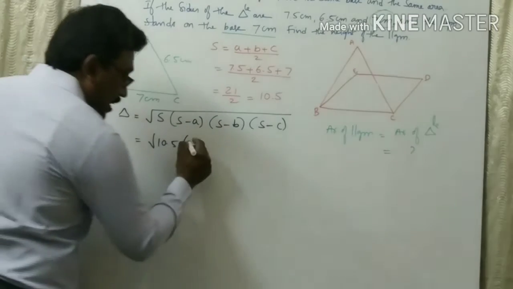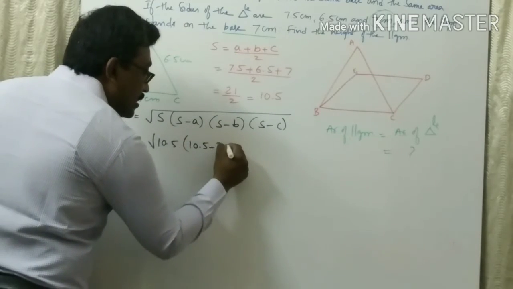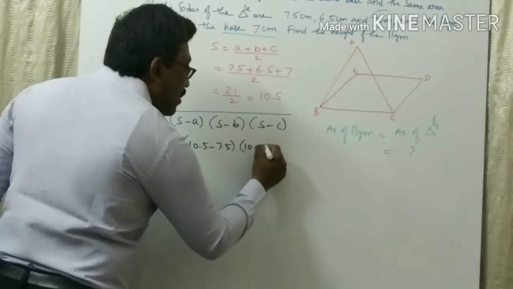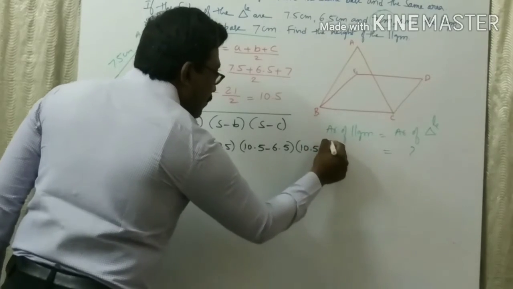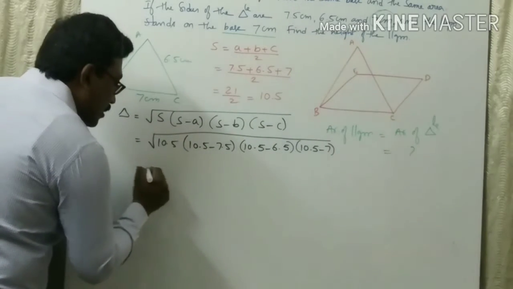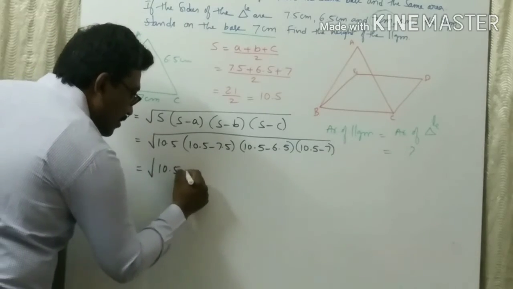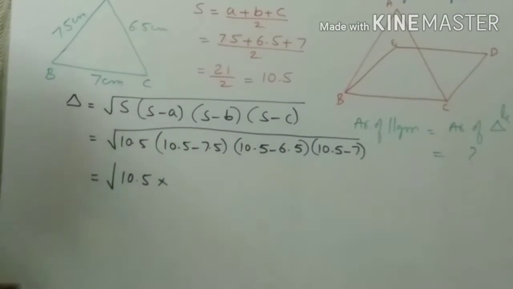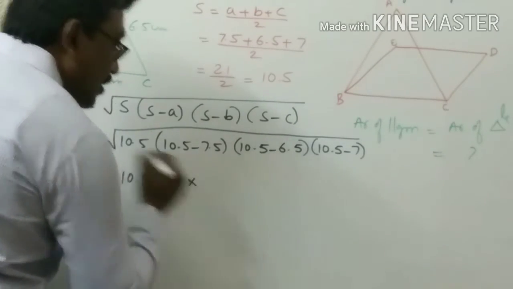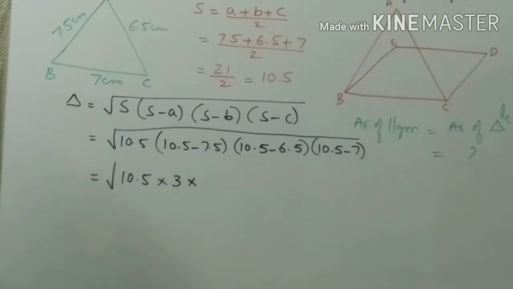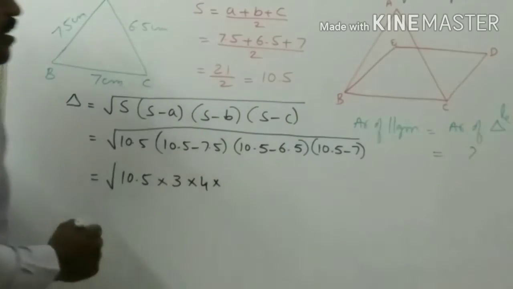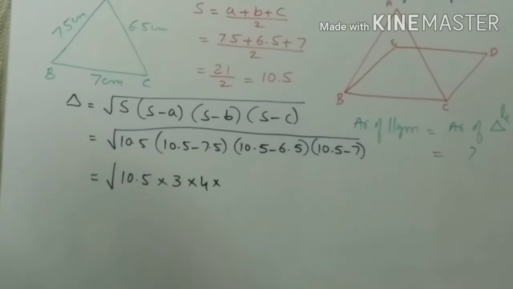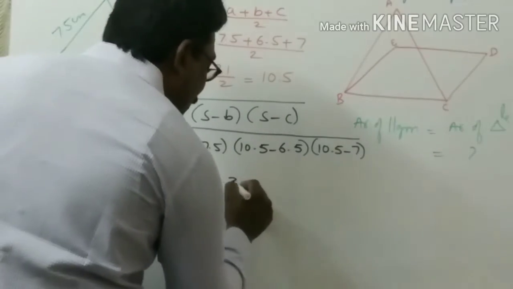S minus A, 10.5 minus 7.5, that is nothing but 3. Next, 10.5 minus 6.5: 10 minus 6 is 4. Then 10.5 minus 7 is 3.5.